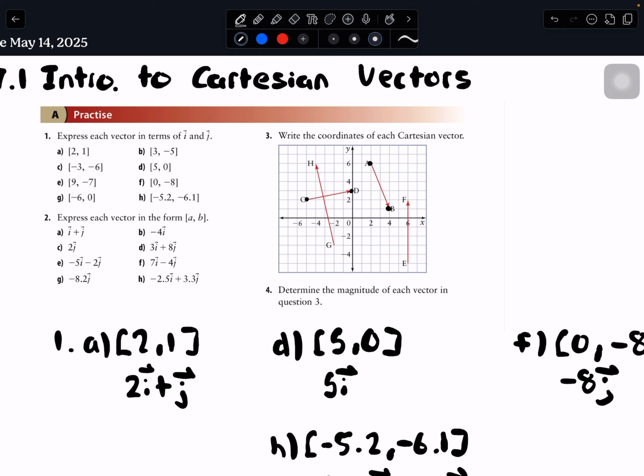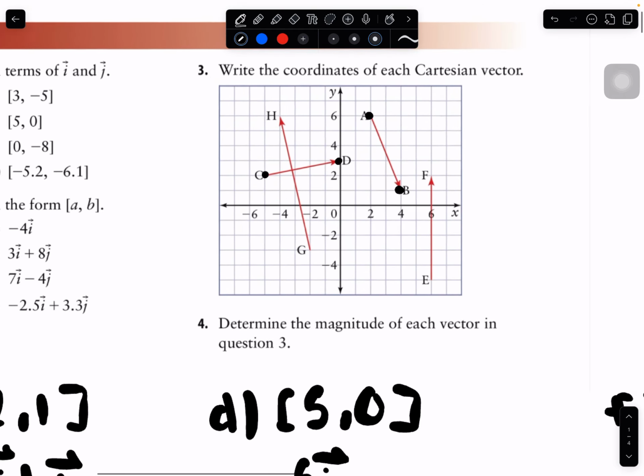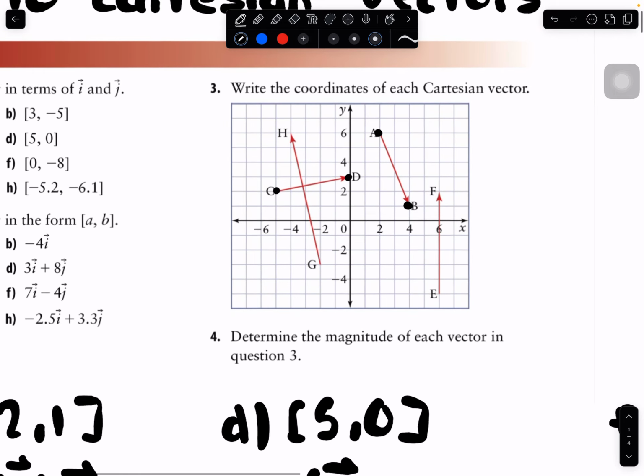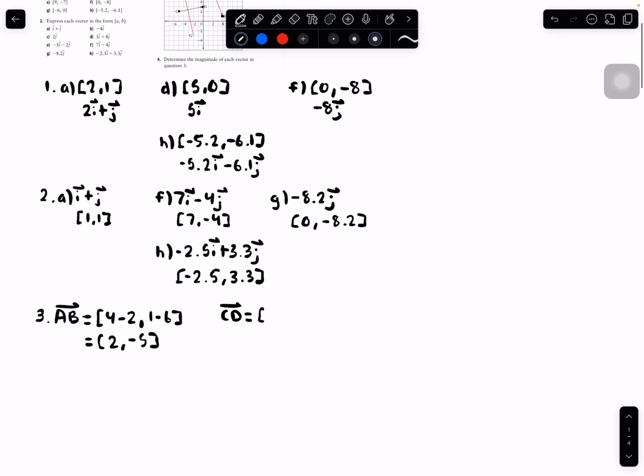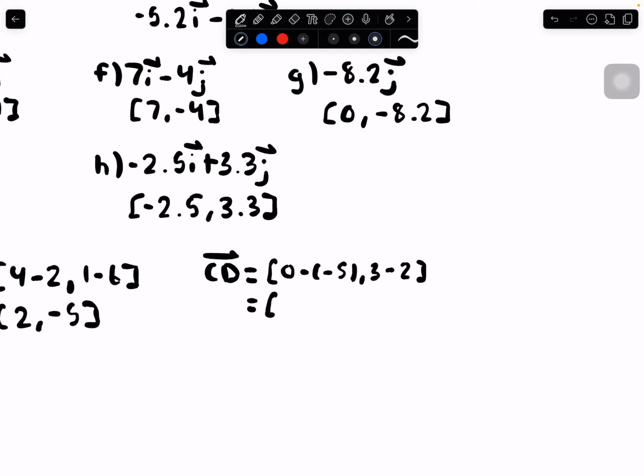So in this case, we have 0 minus negative 5, and we'll have 3 minus 2. That leaves us with 5, 1.